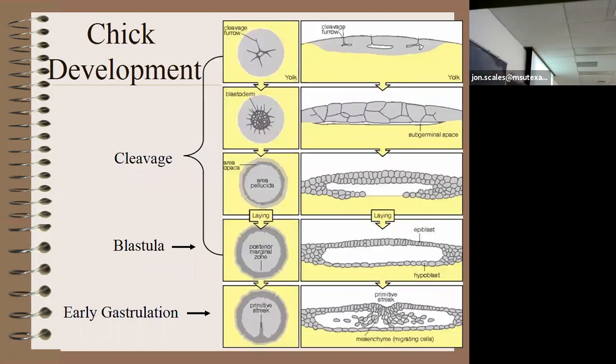So in the initial divisions of the embryo, what's kind of unusual, and this is also true with the zebrafish, is that the cleavages, the cell divisions, do not completely divide. So all of the cells actually maintain a cytoplasmic bridge or portal to the actual yolk. So the yolk itself, when you look at an egg, next time you make an omelet or something, the yolk was the cell, it was the ovum, right?